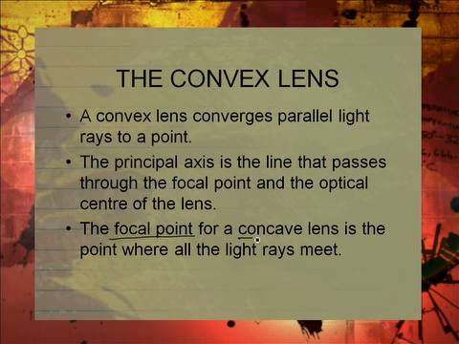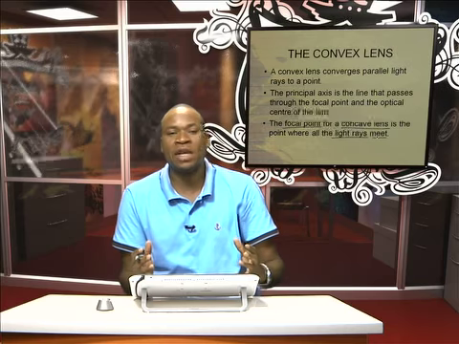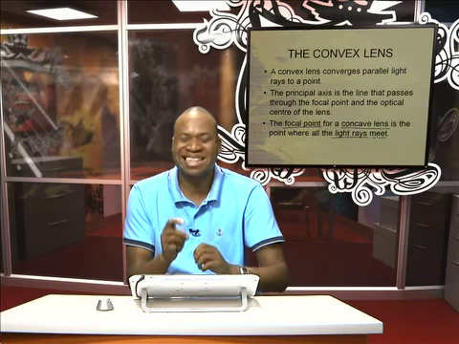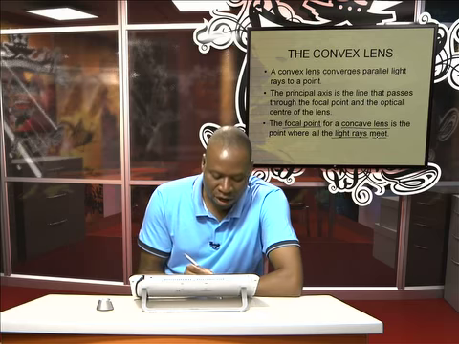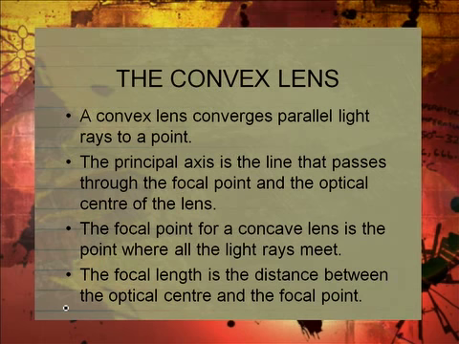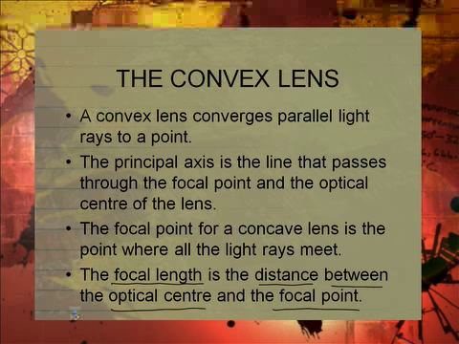The focal point for a convex lens is the point where all the light rays meet. As all those light rays are converged to a point, that point where they meet is the focal point. And the focal length, these are the terminologies that you should know about optics. The focal length is the distance between the optical center and the focal point.